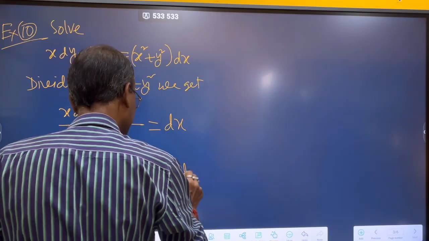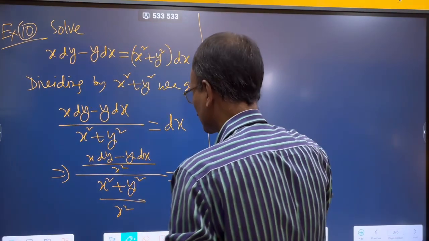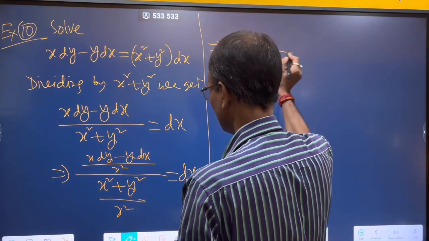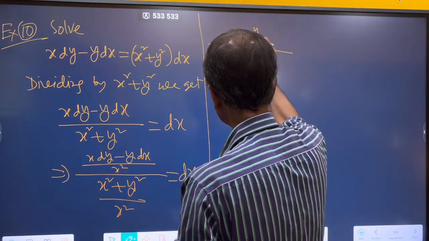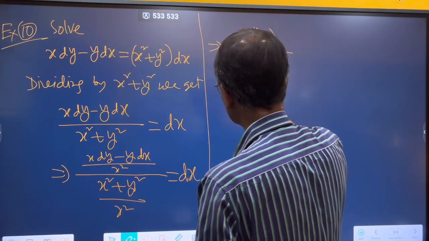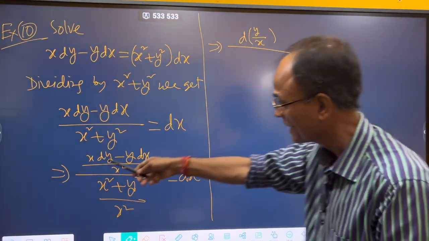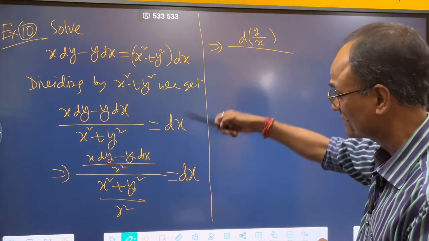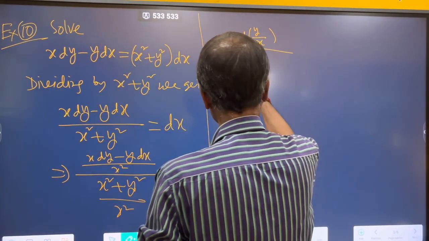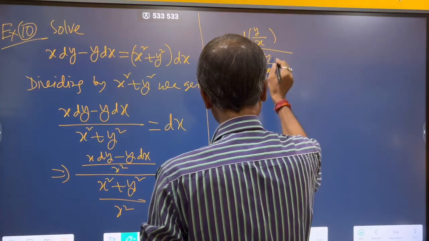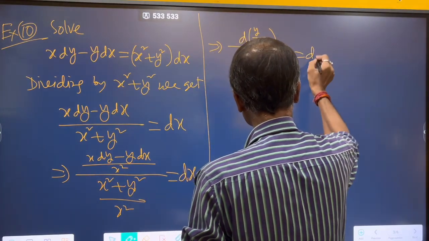It will be dx. Next, you may write d of y by x. Denominator into differentiation of the numerator minus numerator into differentiation of the denominator. You may write here 1 plus y by x whole square equal to dx.